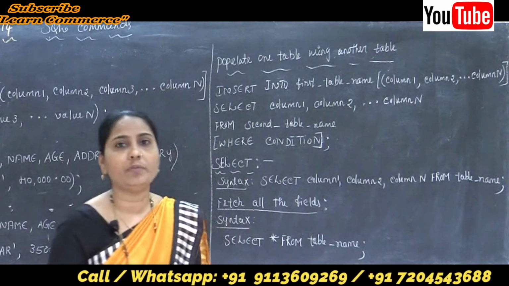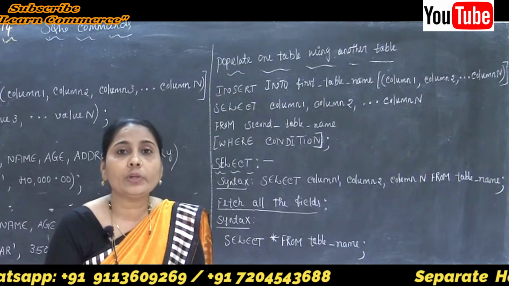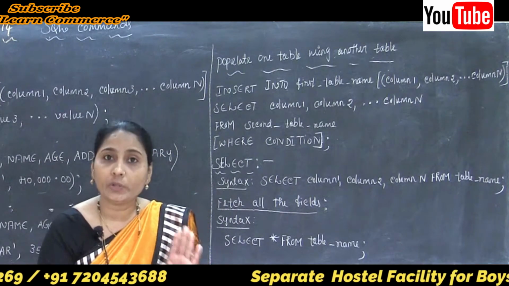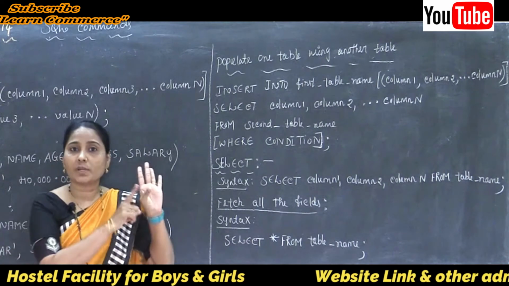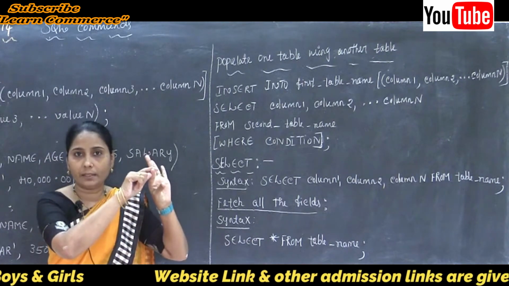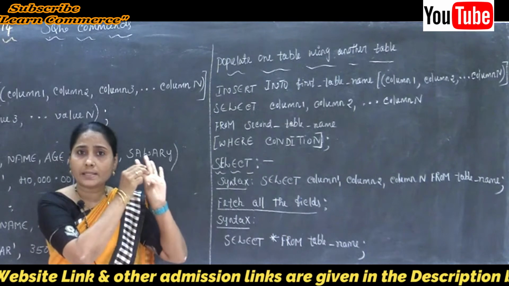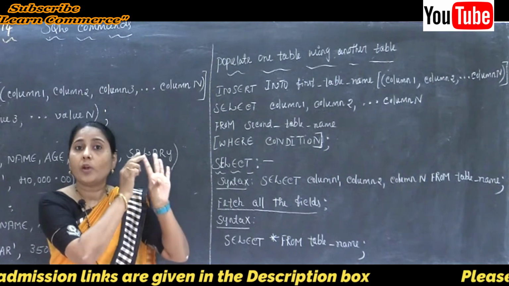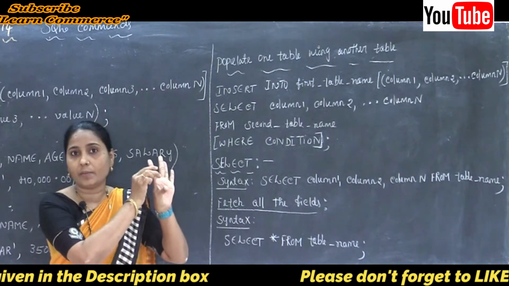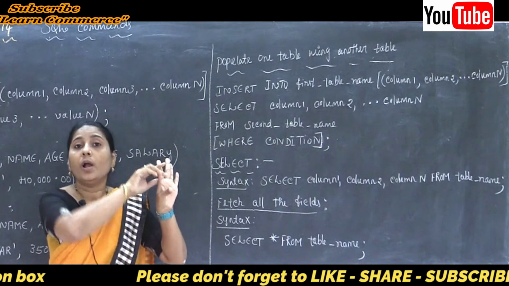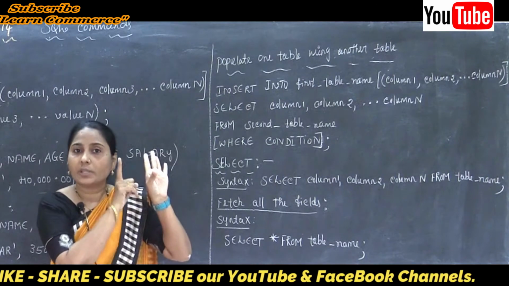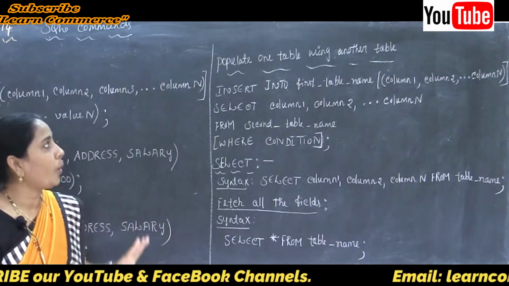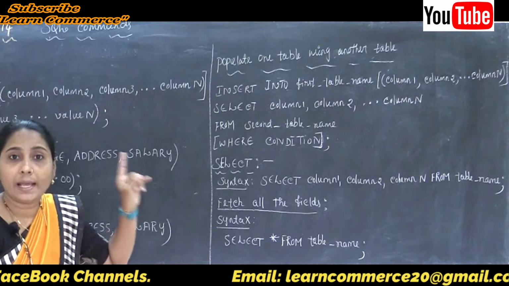In a simple way we can say that there are two tables. We created a first table and a second table, and some data is there in our second table. Now whatever data is there in our second table, I want to add such data into the first table. So this is the meaning of populating one table using another table.